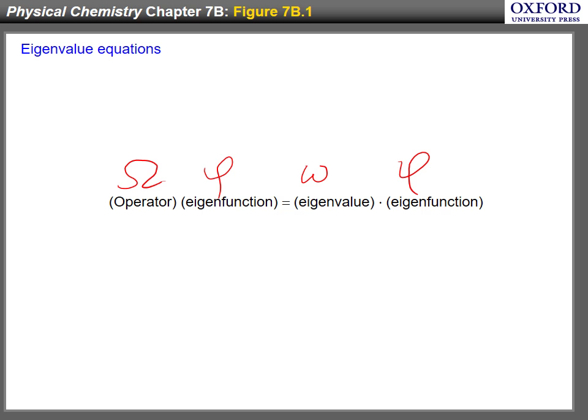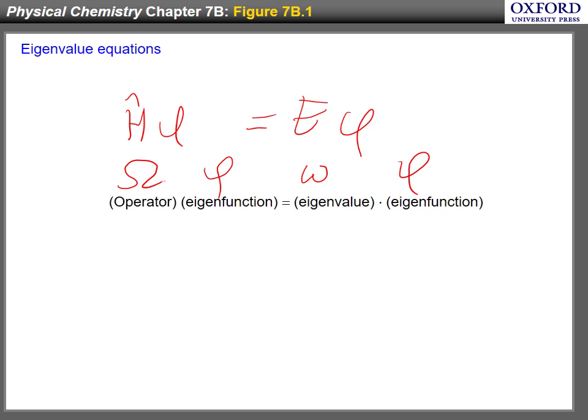So we can translate this to the operator form of the Schrodinger equation, which, as you remember, is H-hat psi equals E psi.